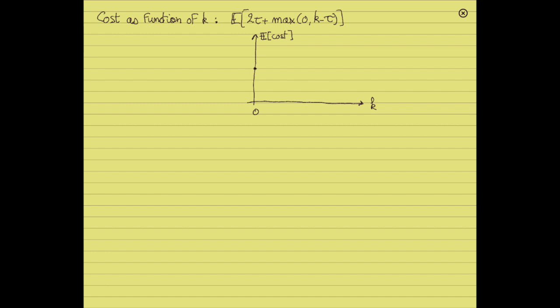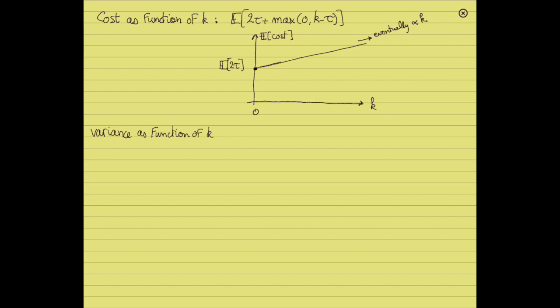And on the y-axis here we plot the expected cost. And so when k is 0, the cost is the expectation of 2 tau. And when k grows, this will tend to grow eventually proportionally to k. When k is very large, tau will be typically negligible in front of k, and so the cost increases then linearly with k.